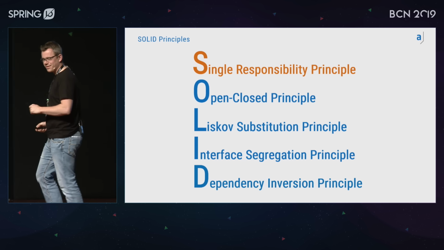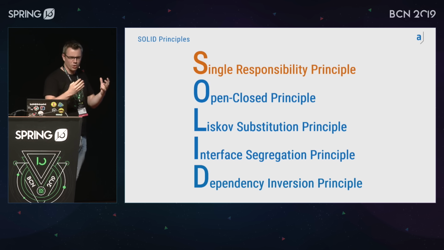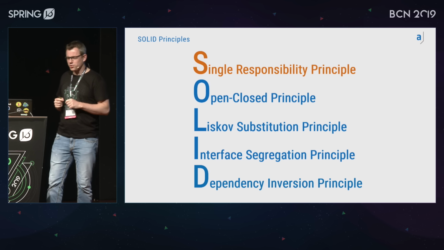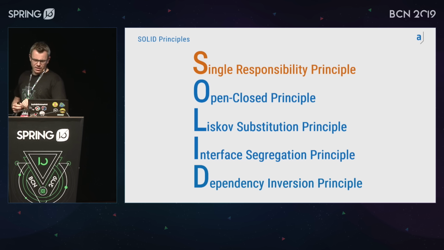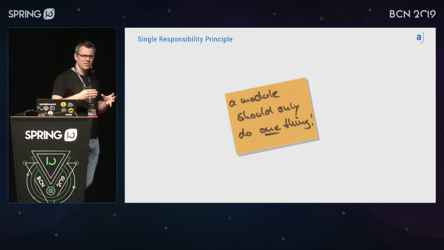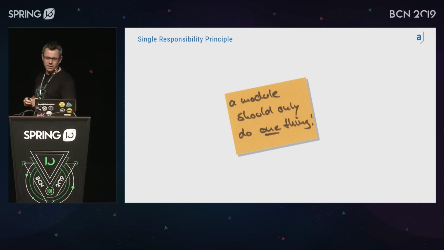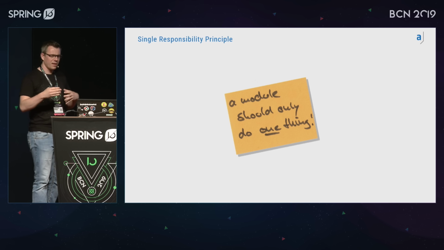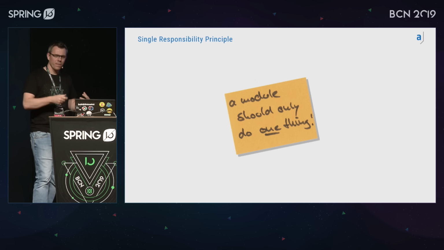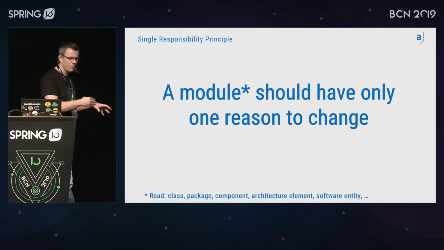You're cheating. Yes, I was expecting something like a class or module should do only one thing, but what you said is completely right. A class or module should only have one reason to change. This is a common misinterpretation of the single responsibility principle, that it should only do one thing, while actually it should only have one reason to change.